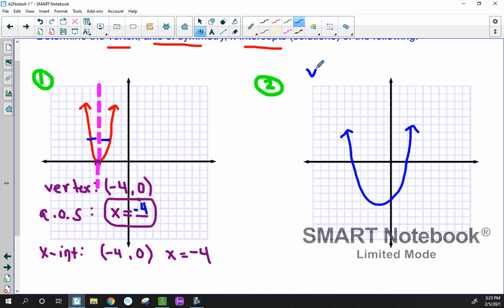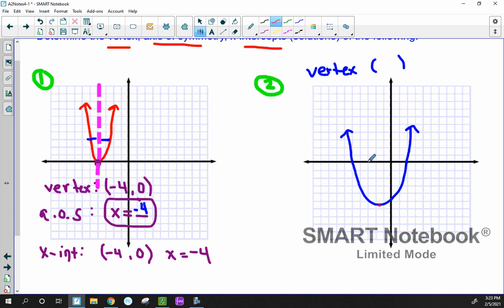Question 2. Look at that parabola. Again, notice that this parabola is opening upward. That means the a in front, the coefficient of x squared, is positive, remember. The vertex is the high or low point on the graph. If the parabola is opening upward, then the vertex is going to be the low point, and it looks like it's right there.